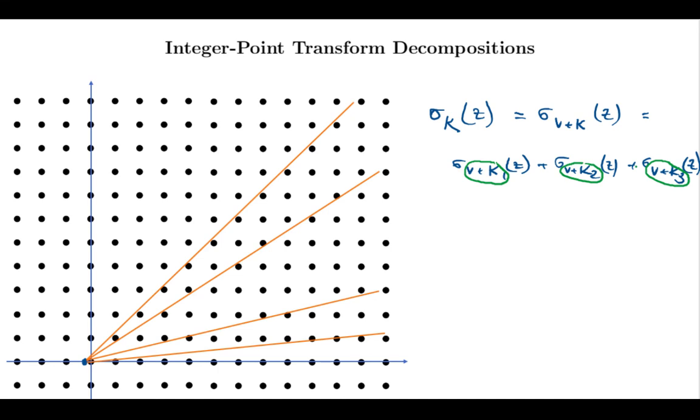But what I'd like you to notice is that the complexity of these three integer point transforms is the same as the complexity of the integer point transforms of the original cones k1, k2, and k3. My rational generating functions might now look different because I shifted each cone, but the complexity, the number of terms in the numerator of each rational function, stayed invariant.